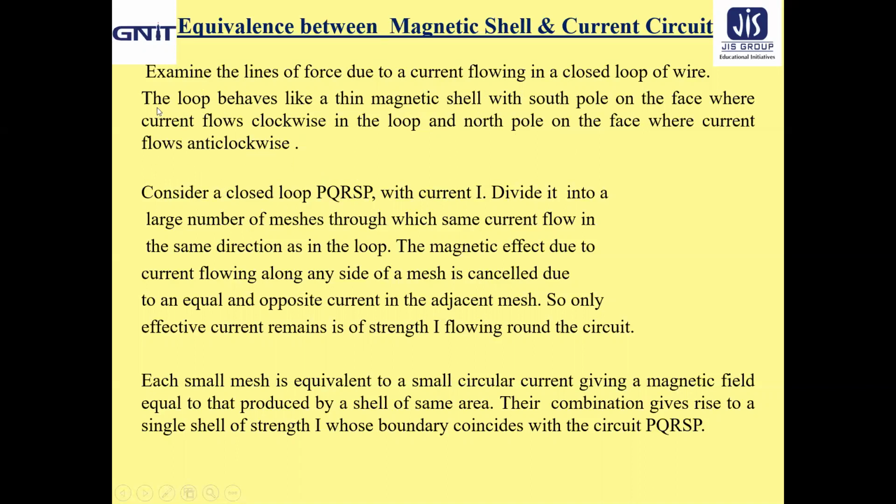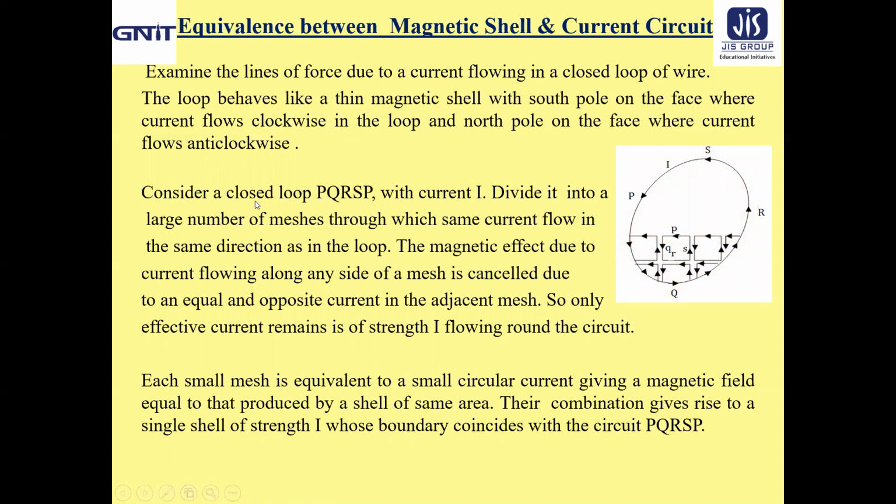So if we examine the lines of force due to current flowing in a closed loop of wire, it is found that the loop behaves like a thin magnetic shell with south pole on the face where current flows clockwise in the loop and north pole on the face where current flows anti-clockwise. Now, how to realize this? Let us take a look here.